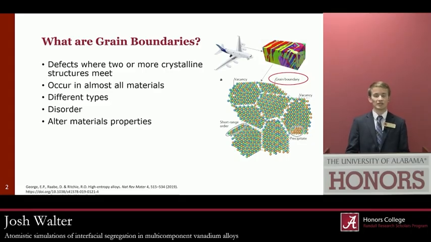These locations where they meet up are sites of lots of disorder, and they are called grain boundaries. And since these sites have a lot of disorder, they can have some unique material properties, which is why they are useful for studying.